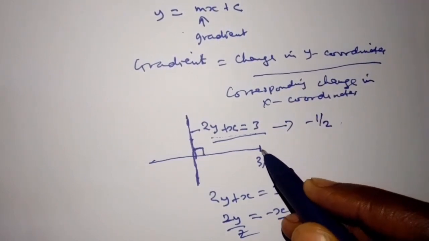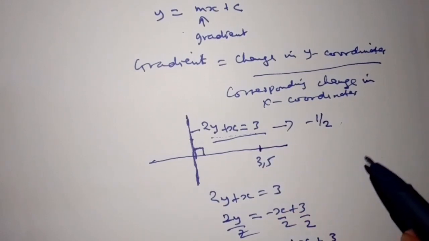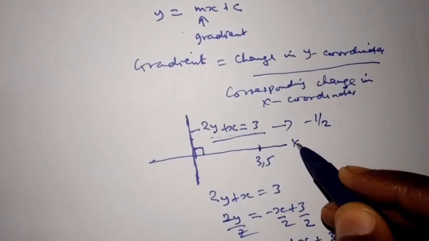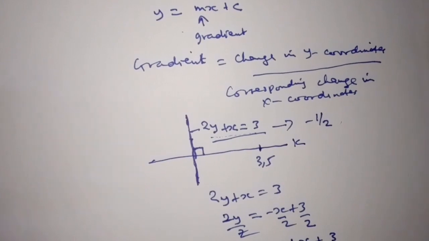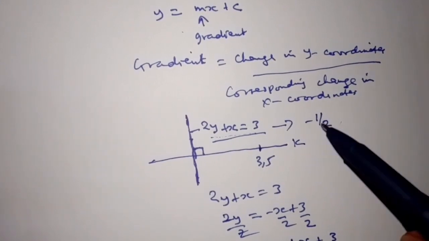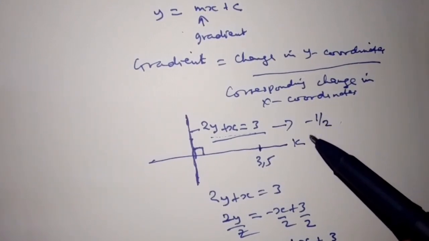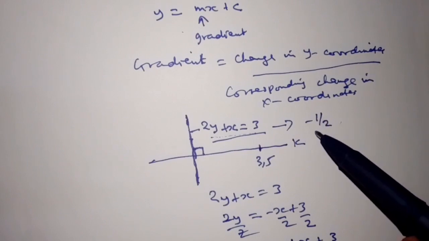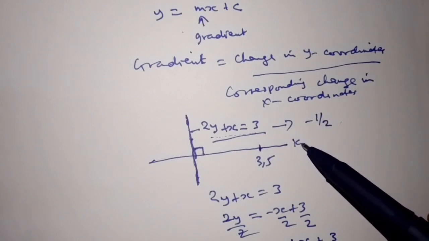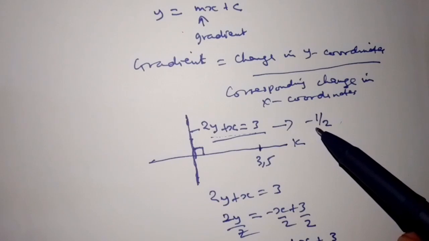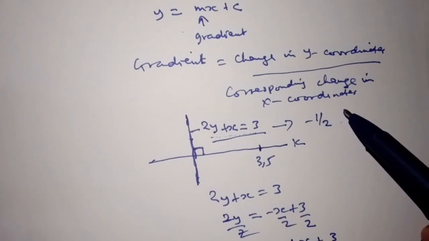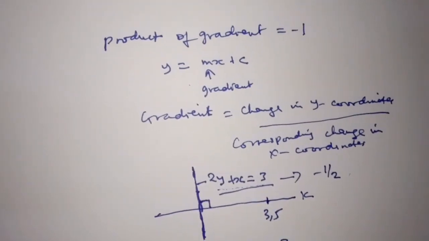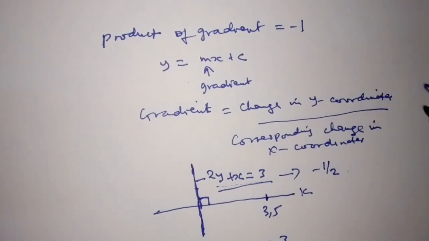What about the gradient of this other line? Let's say that it is k. Then when we multiply the two, we call this the product. So we multiply k by negative 1 over 2. It is supposed to give us the product of negative 1.